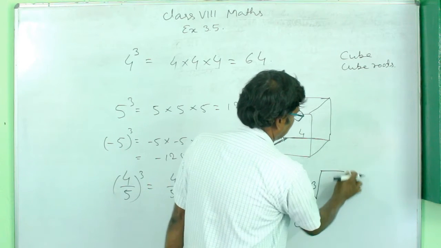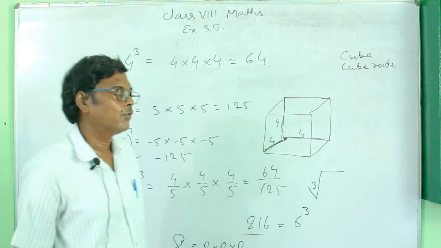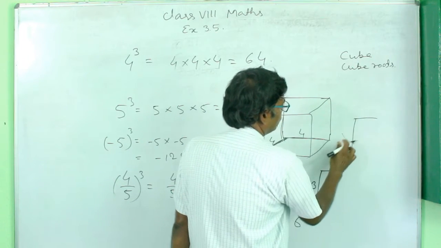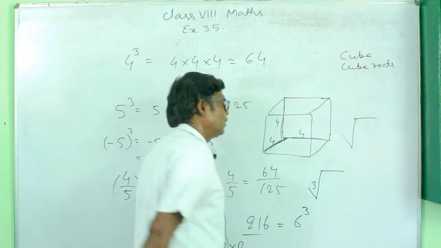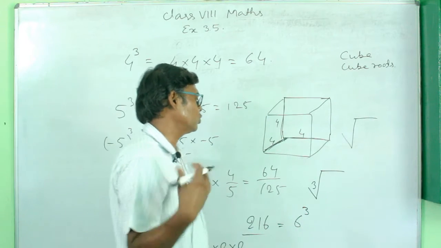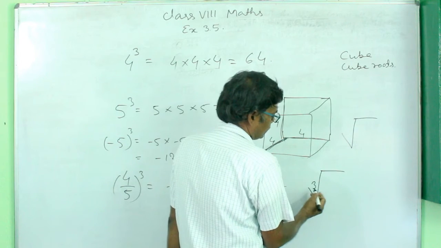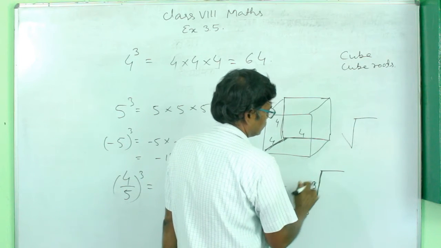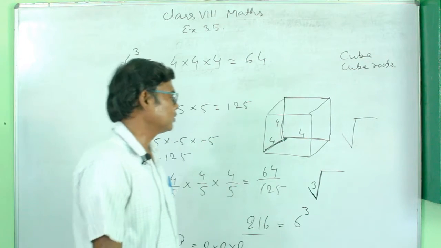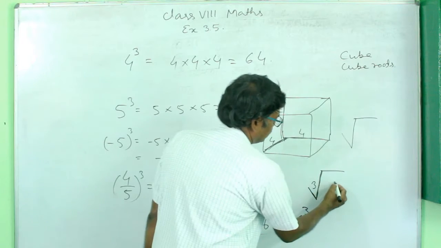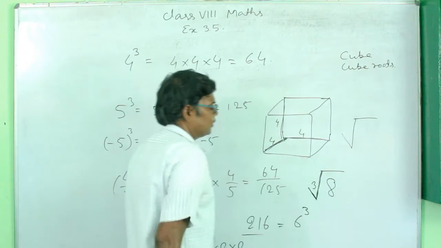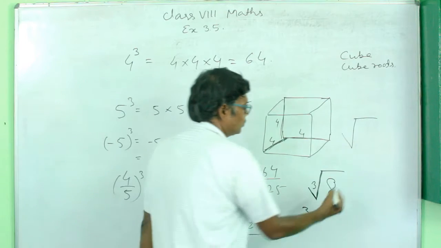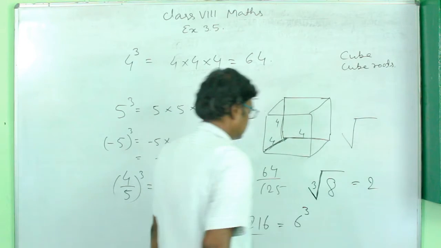And you know the symbol for the square root is this much only. We don't write any number there, but when you have the cube root, you must write this 3 in the symbol. So when you write 8 under this symbol, it means we have to find the cube root of 8. Here the answer will be 2.